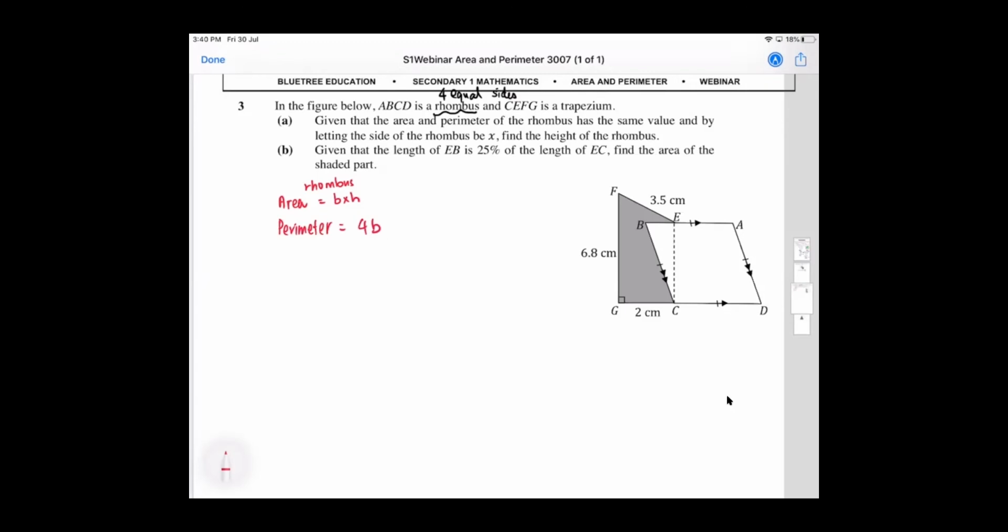Next, if it's a trapezium, then the area will be half times A plus B times H. A and B are the lengths of the parallel sides. You can let any one parallel side be A, the other will be B. So A plus B times the perpendicular distance between them.